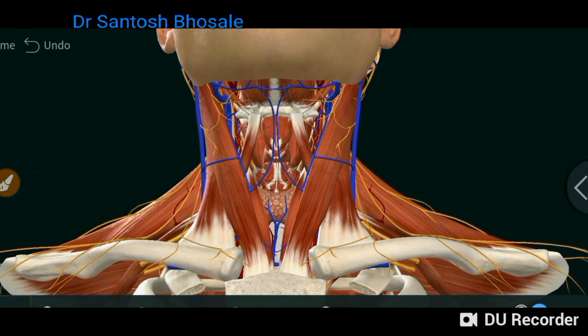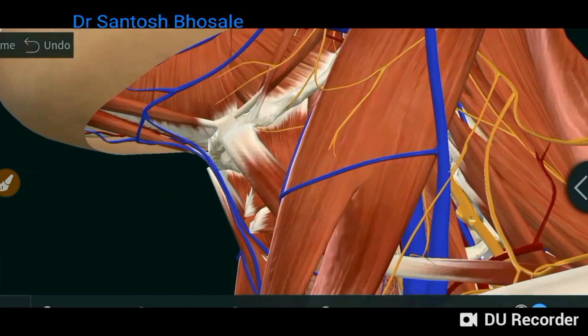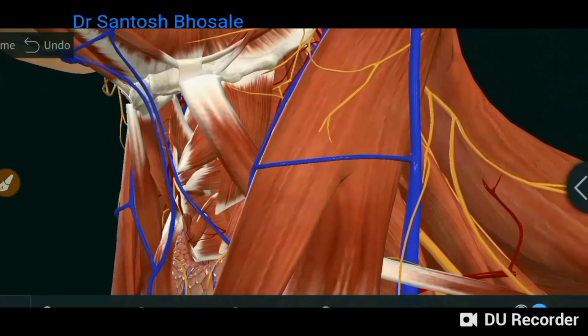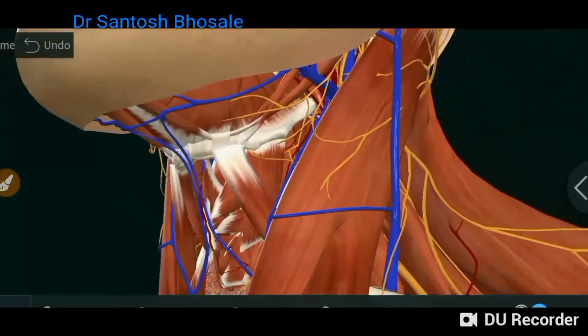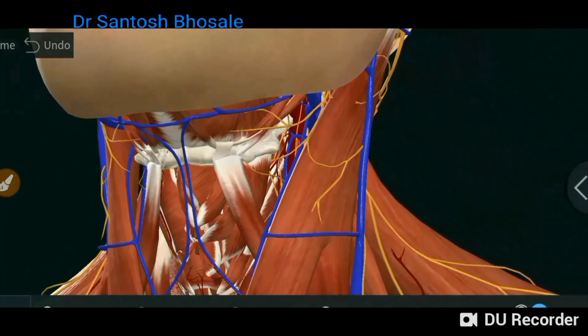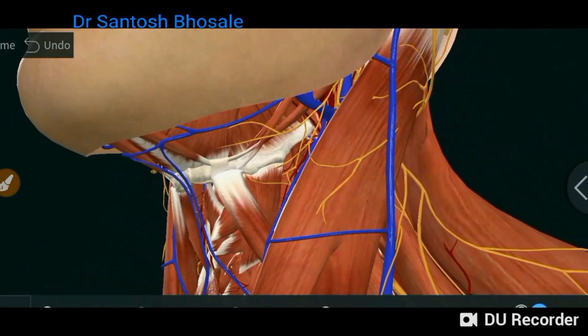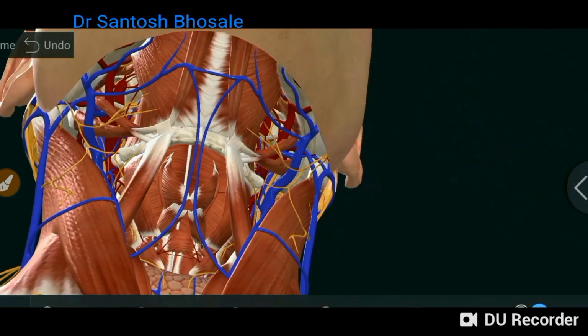It is diverging. It goes and inserts into the lamina of the thyroid cartilage below the oblique line on the external surface of thyroid cartilage. That's about the muscular triangle. You have seen there boundaries, roof and floor. Contents mainly anterior jugular vein, the superior thyroid vessels supplying the thyroid gland, and inferior thyroid veins.